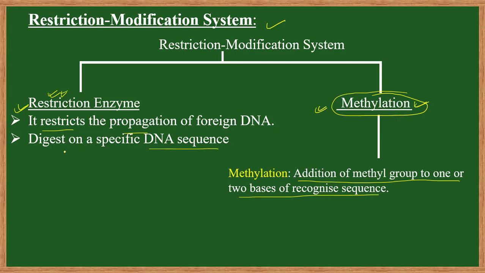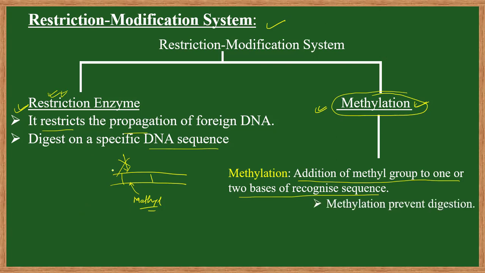Suppose this is DNA and this is the restriction endonuclease, and here is a particular recognition sequence where it will digest. If we attach a methyl group here, then it will not digest. So methylation prevents the digestion process by the restriction enzyme.